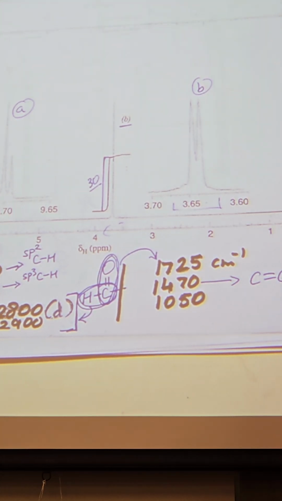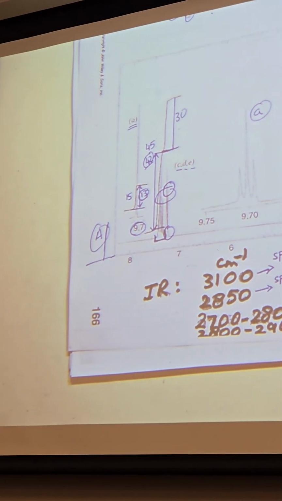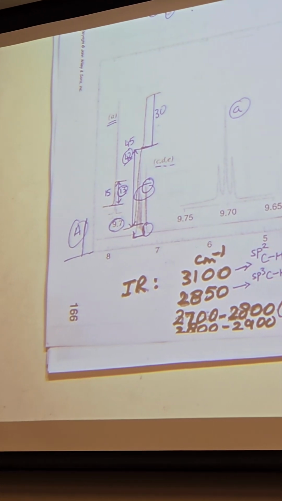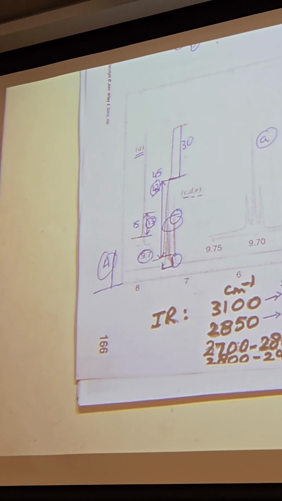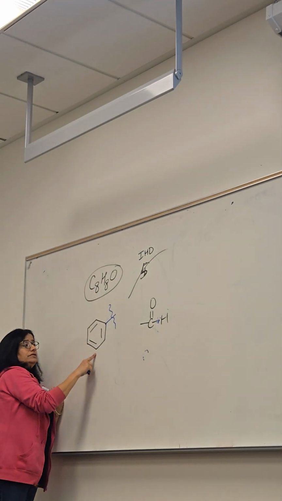So what do we know so far? Looking at all the data we have. A, we know we have an aldehyde, right? B, we know we have a mono-substituted benzene, 5 hydrogens.